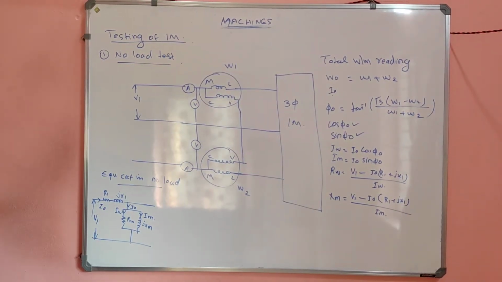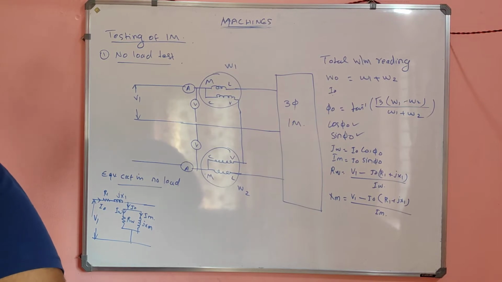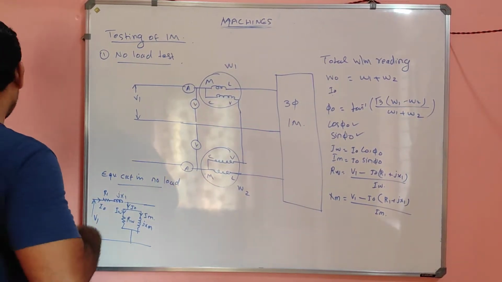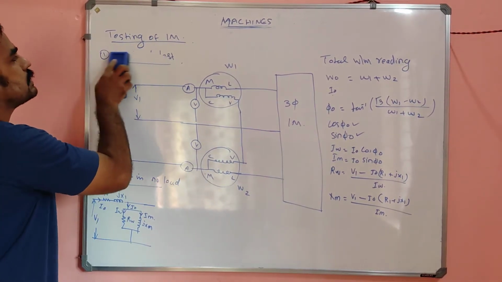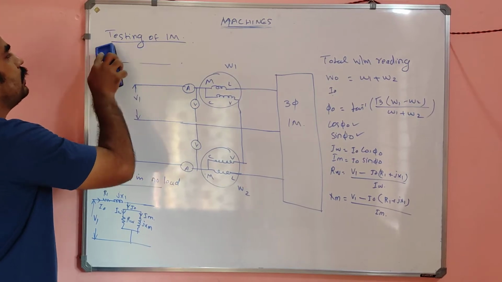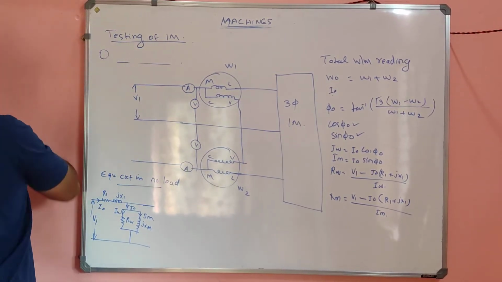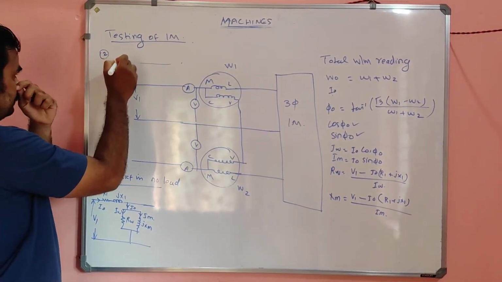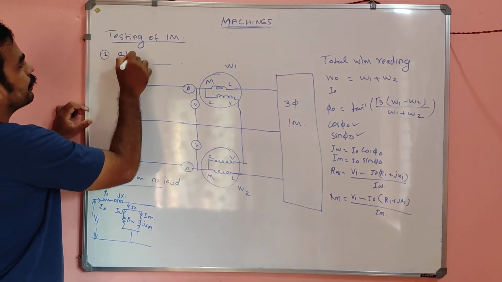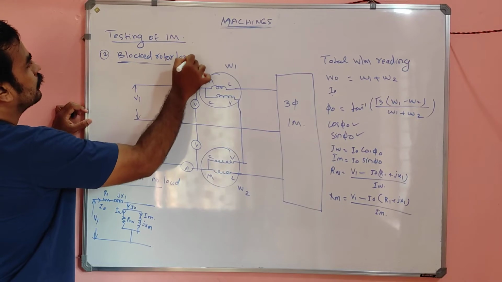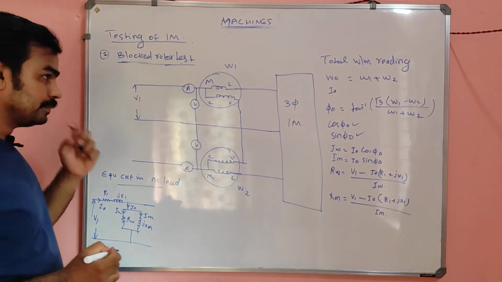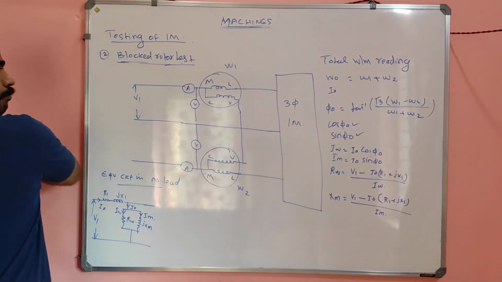Next we have to see another test, which is similar to the transformer short circuit test. Here it is called the blocked rotor test. The circuit diagram has no change.